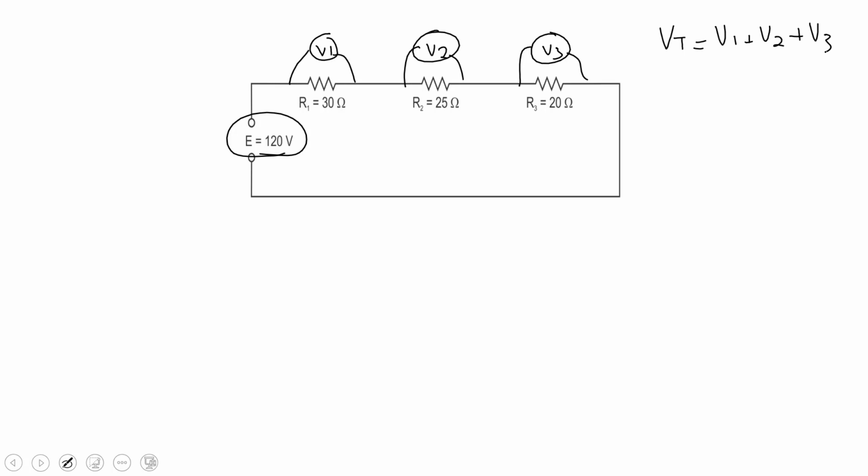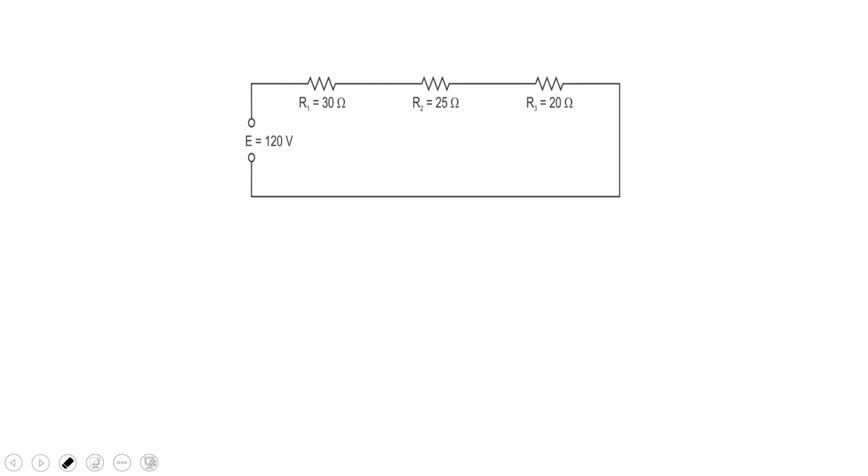So basically a little recap of Kirchhoff's voltage law. Let's go ahead and solve for this circuit here. First off, we'll review how to calculate total resistance. RT, total resistance, gives us the total opposition to current flow in the circuit, and it's simply adding up the resistors that are in series.